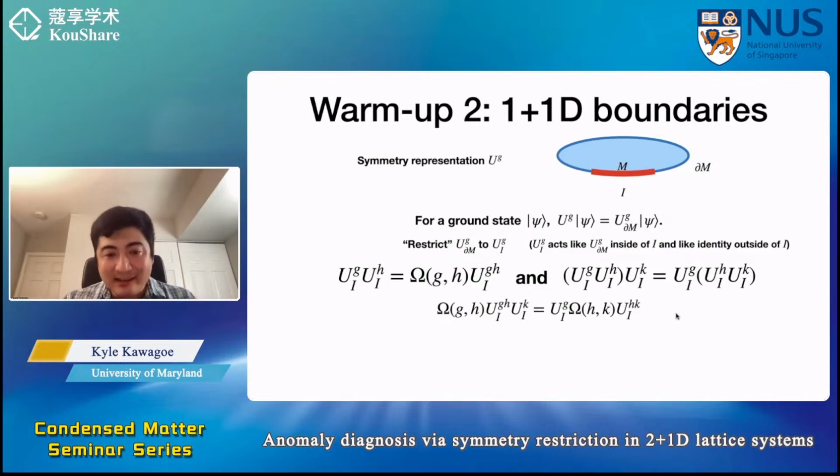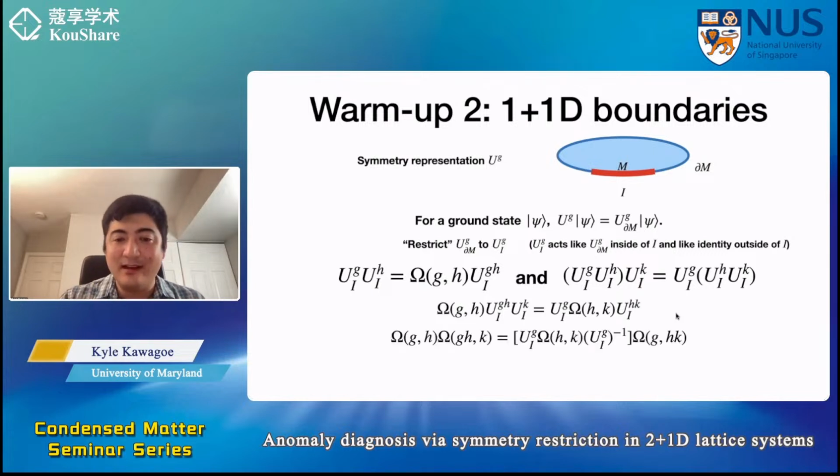And combining these various symmetry operators and playing this game over and over again, you eventually derive this relation. So associativity implies some relationship between these omega operators. On the left, you have omega g comma h times omega gh comma k is equal to this g conjugated omega hk times omega g comma hk. Oh, and I should mention this is, of course, from Else and Nayak.